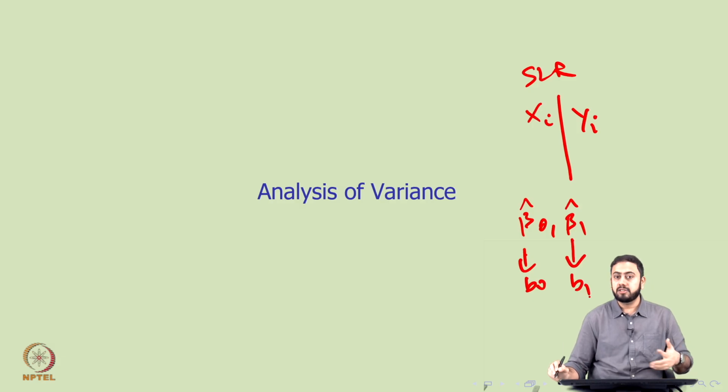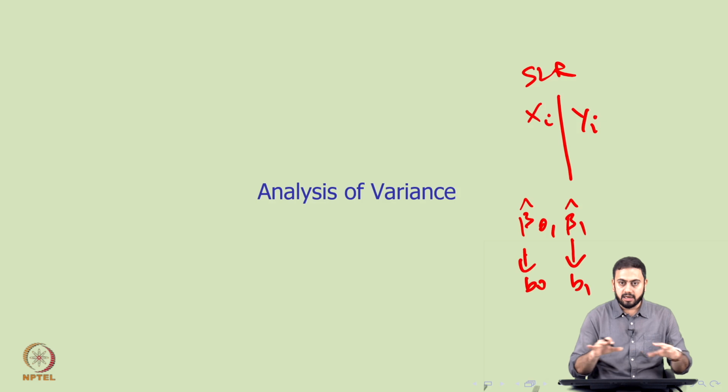B1 measures the slope of the linear structure, while B0 measures the intercept. In the last couple of sessions, we discussed the interpretation of B0 and B1 in the context of a practical example. And in the last session, we discussed more about sums of squares: SSR, SSE, SST, and so on.